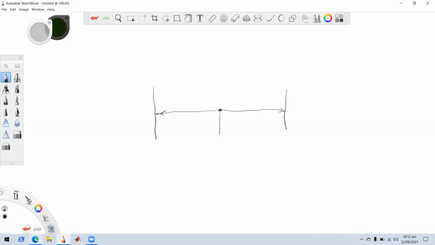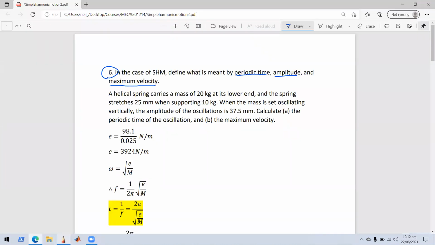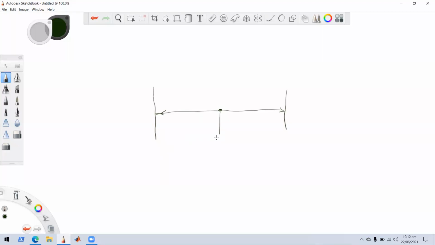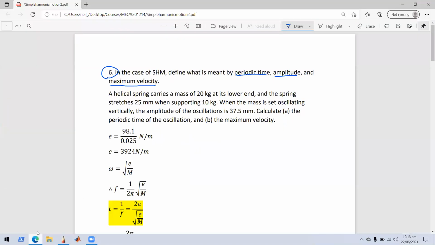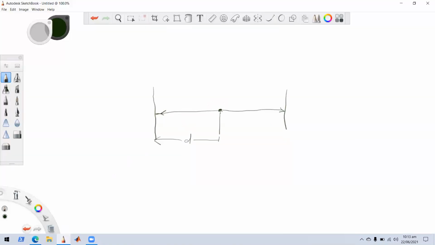Now the amplitude is this distance from the center point, that D. That's the amplitude. How far away is it from this mean point or center point? The maximum velocity is the velocity when the particle or object is at the center point.